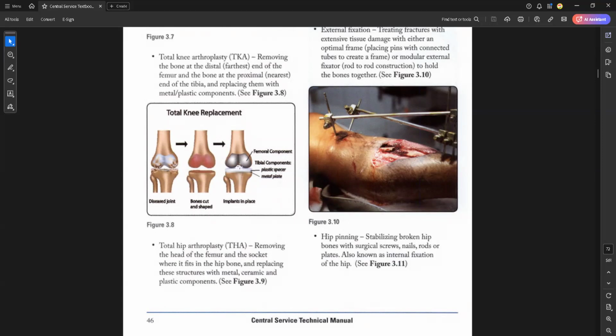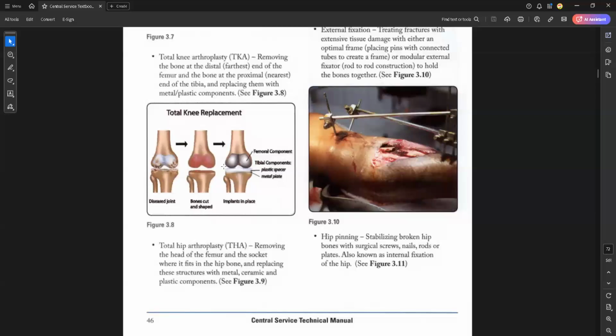These two implants are going to be with you for the rest of your life, unless, it's kind of a miracle. So this is what we call total knee replacement. Your knee is going to be replaced. They're going to cut it as you see in the middle, and put an implant in there so that you don't continue to feel the pain.